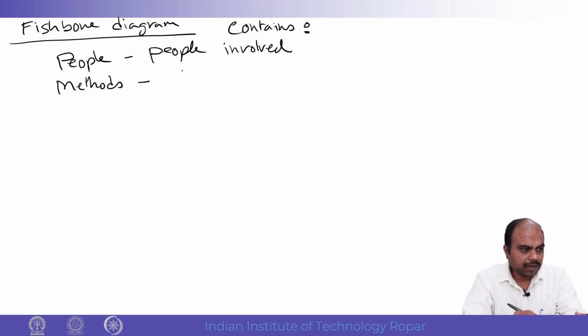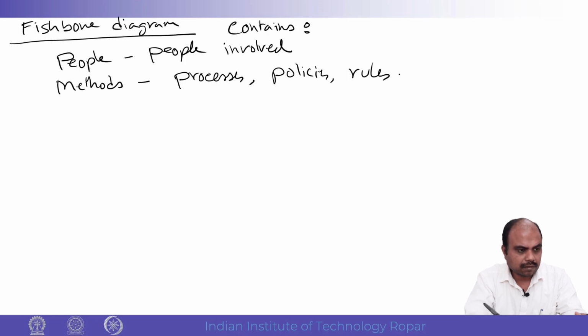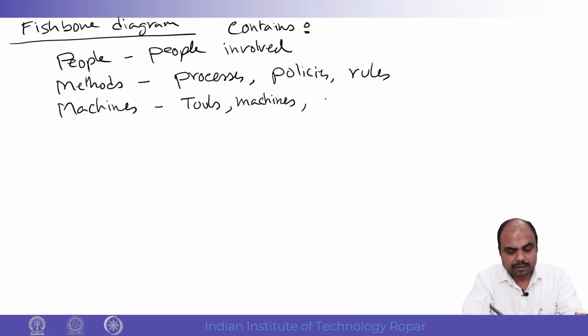These are processes, then policies, the rules, etc. Then machines. These are tools, machines, computers maybe, etc.